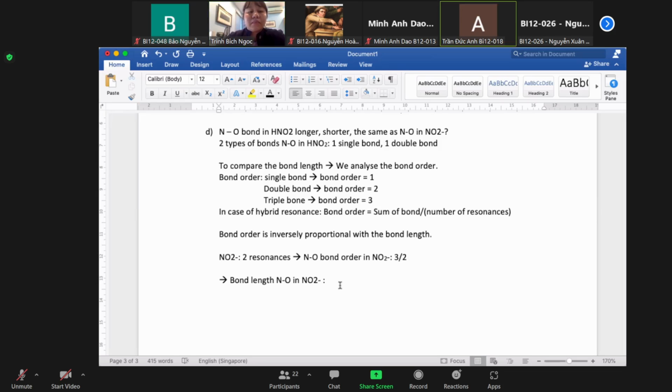It will be shorter than the single bond, and bond order is inversely proportional with the bond length. And longer than double bond and triple bond. Okay.